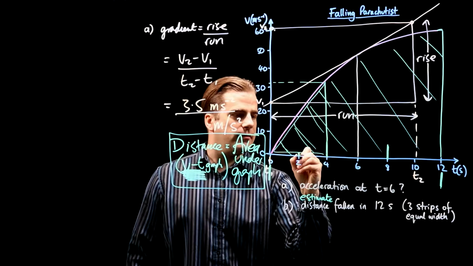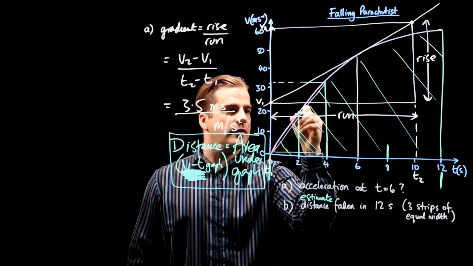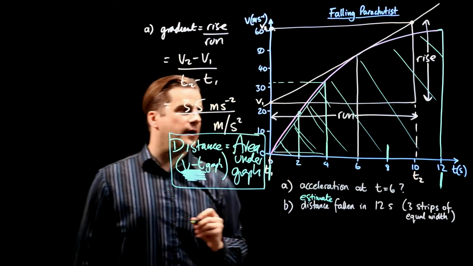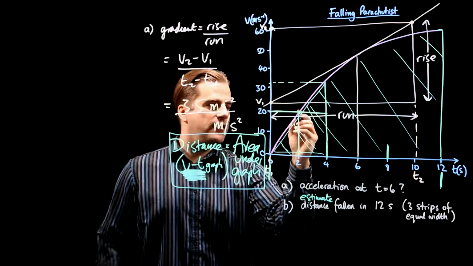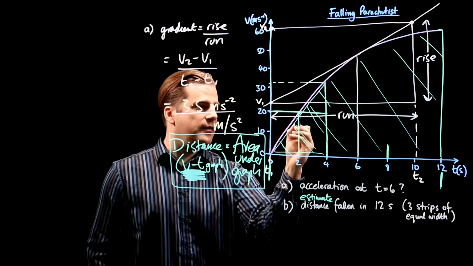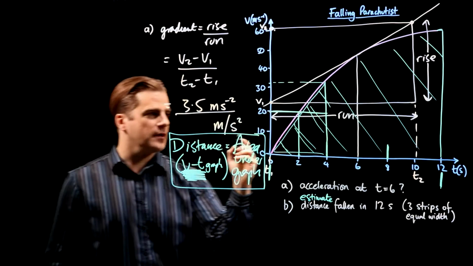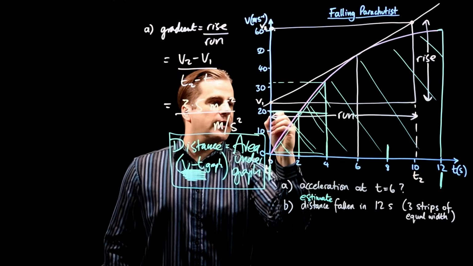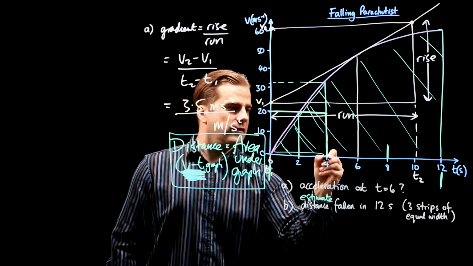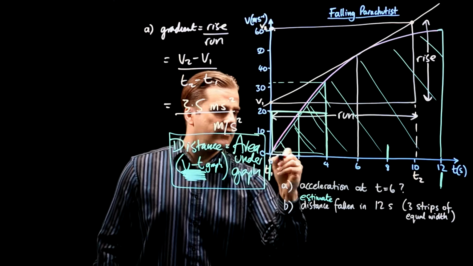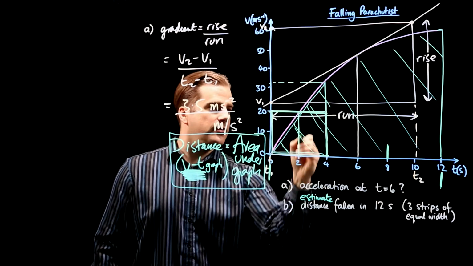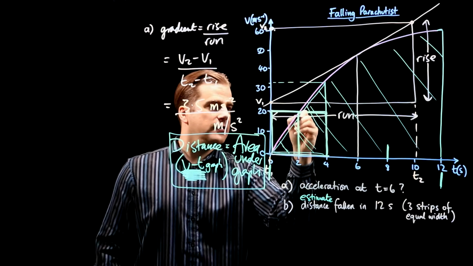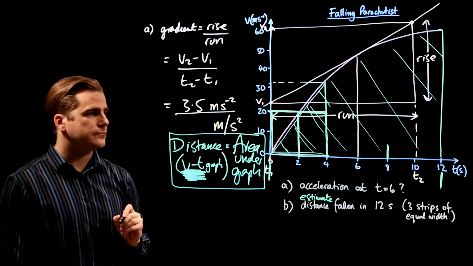Take the strip up to that point there, and go across from wherever the midpoint of the strip hits the graph, and work out the area of that box there. Because 2 is the midpoint, it hits the graph there, so go across there.